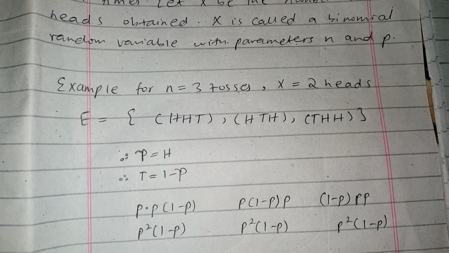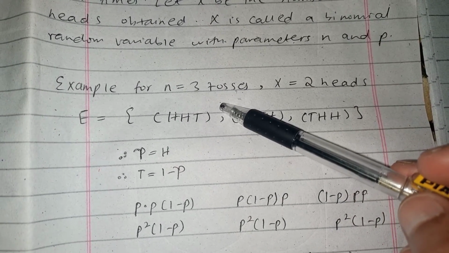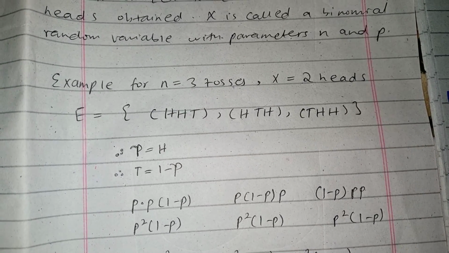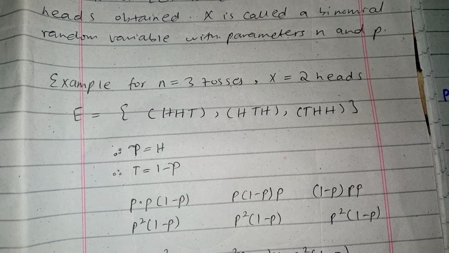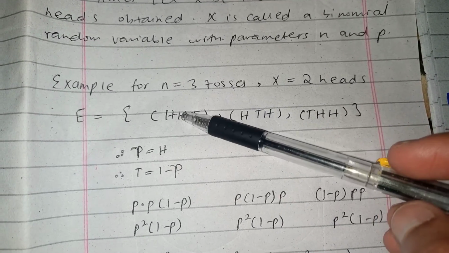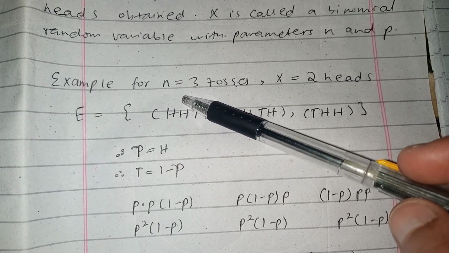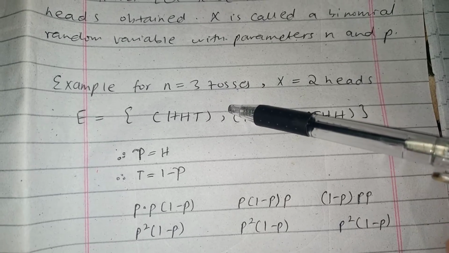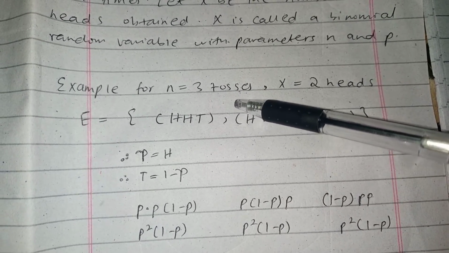The number of tosses here is n, which is 3. Why 2? Because there are only 2 outcomes, head or tail, for a coin. So 2 raised to the power 3 is 8.